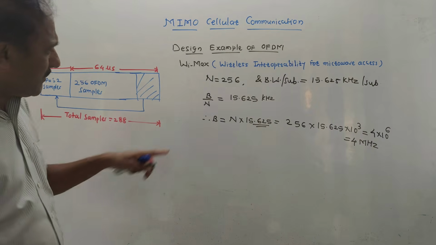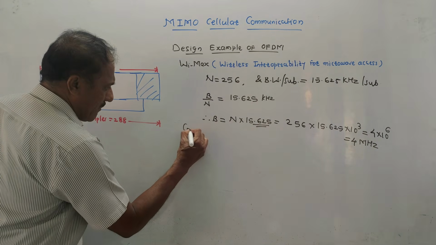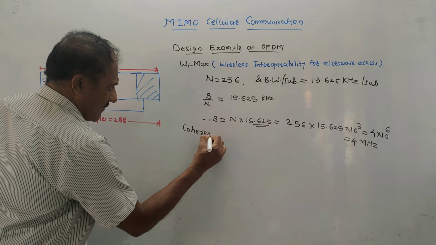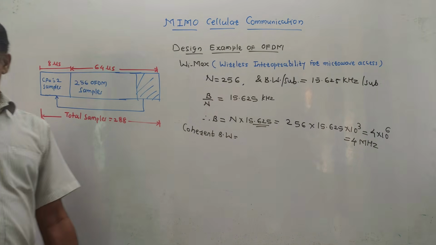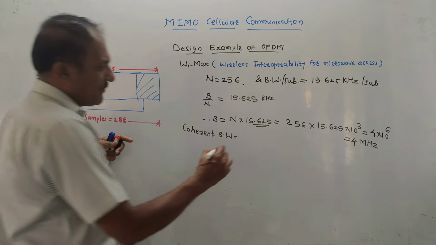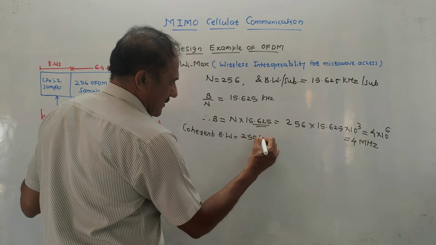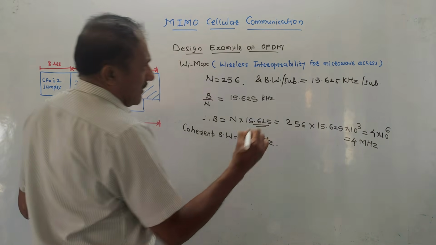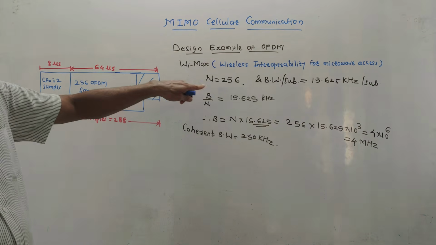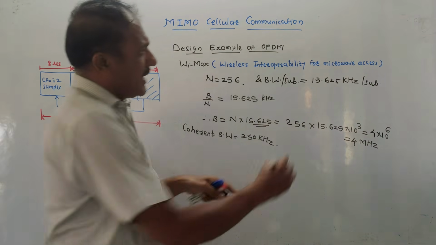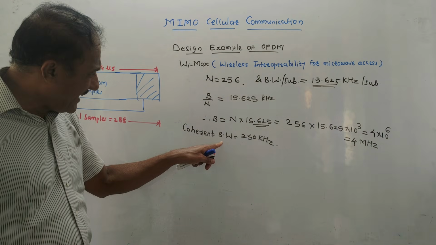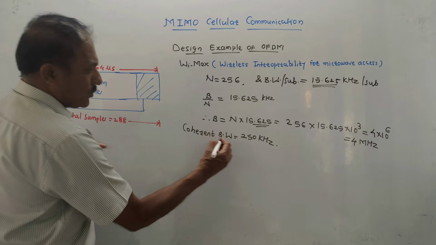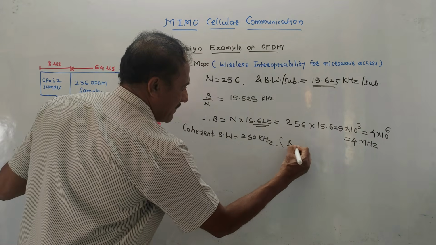Now there is one term which is called coherence bandwidth, and the value of coherence bandwidth is 250 kilohertz. The bandwidth per subscriber, which is 15.625 kilohertz, is very much less than this value, that is the coherence bandwidth, denoted by BC.